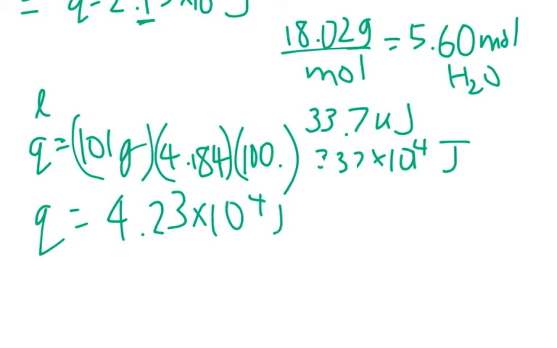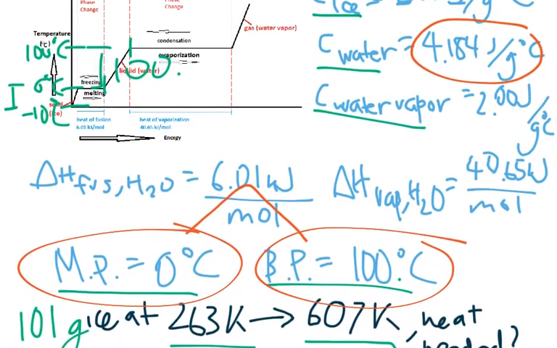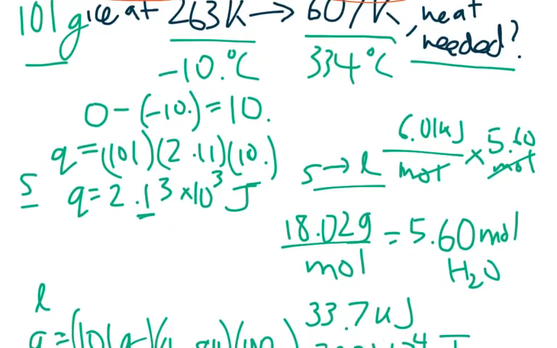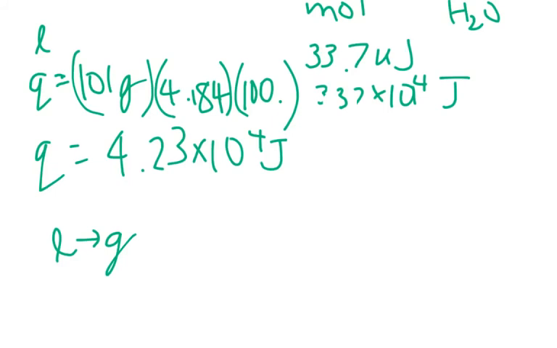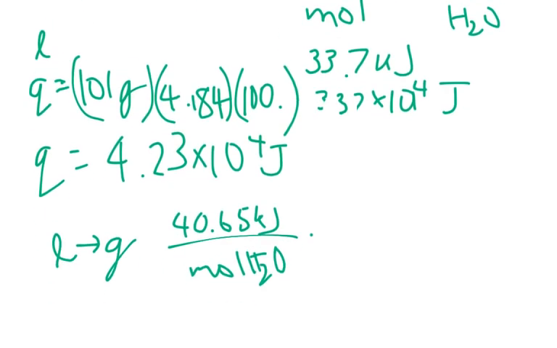4 joules. Now we have to consider the liquid to gas, and this is vaporization. So the heat of vaporization is 40.65. So we have to do 40.65 kilojoules per mole of water. And how many moles of water do we have? Well, we have 5.60.